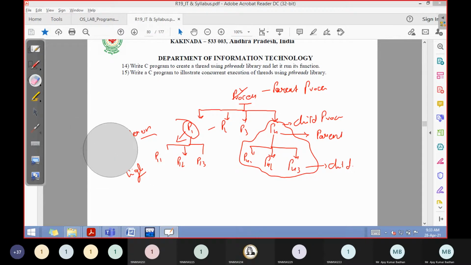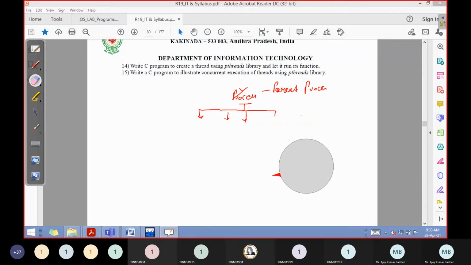What we can do here is use threads. Here the main process will be creating the sub processes. Now rather than creating 4 different processes, it will create 4 threads, like this.